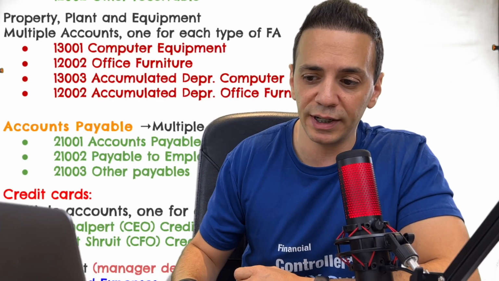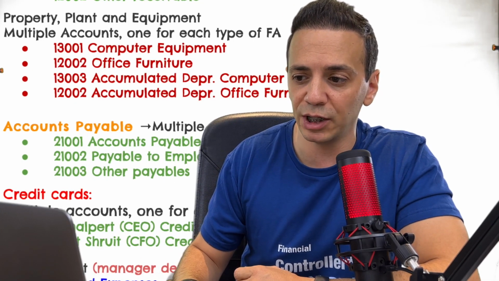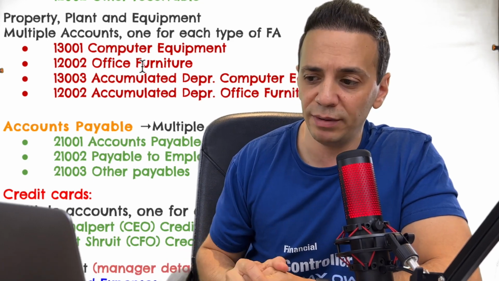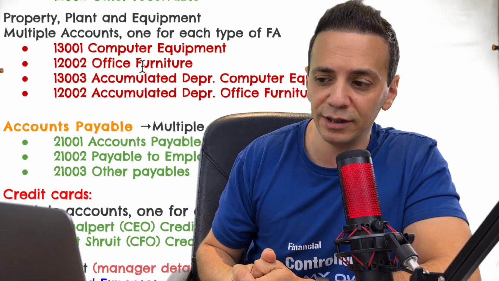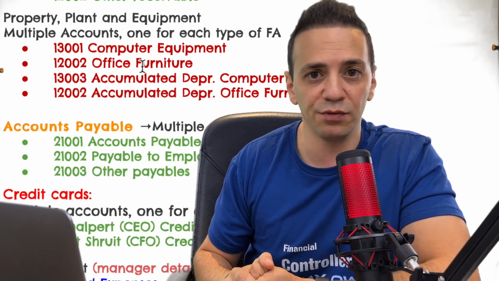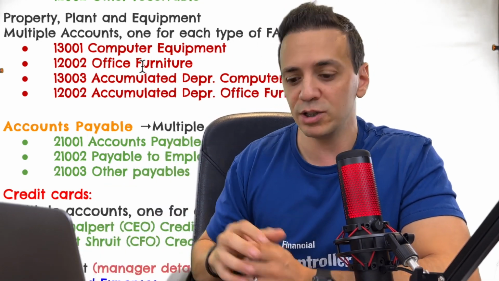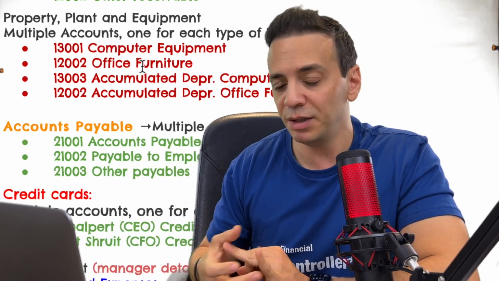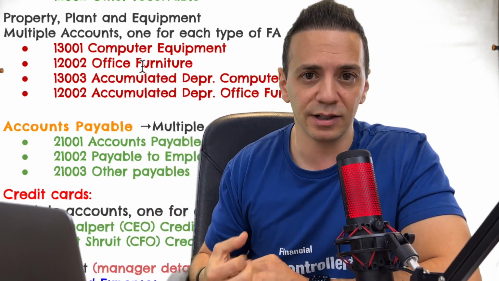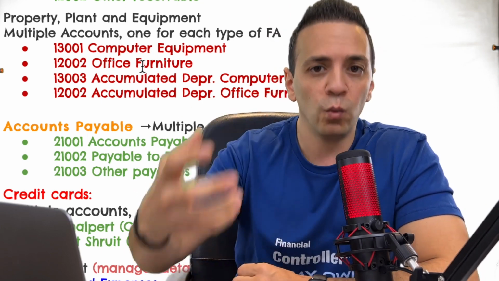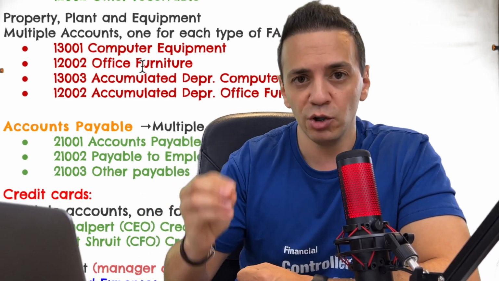The next major line item on the balance sheet is going to be property, plant, and equipment. And for the property, plant, and equipment accounts, I like to create one account for each type of fixed asset. So if my business, in this case here, Spot Booker, has maybe computer equipment and then maybe office furniture as the main asset classes, I like to create one account on a chart of accounts for each of these items.